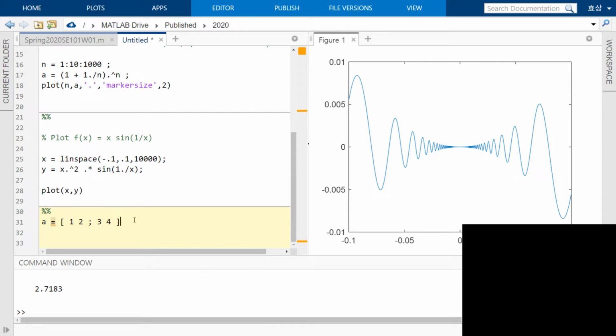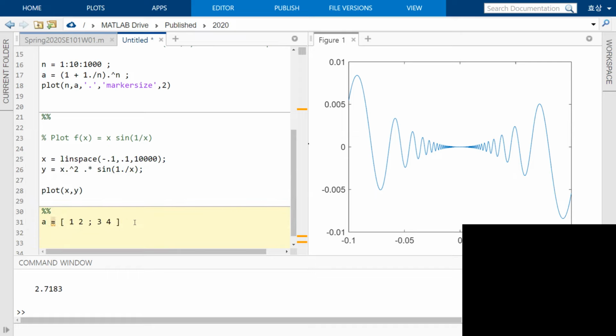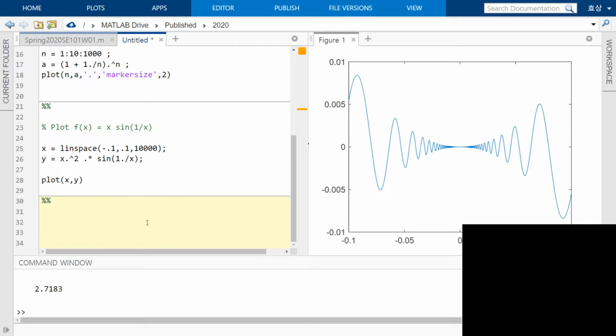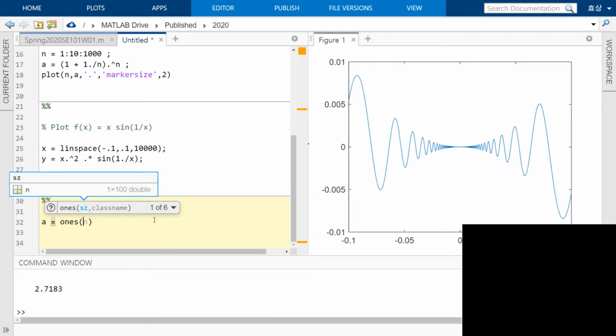If you want a higher dimension, usually for a non-intuitive situation, let me teach you another command that creates an array.